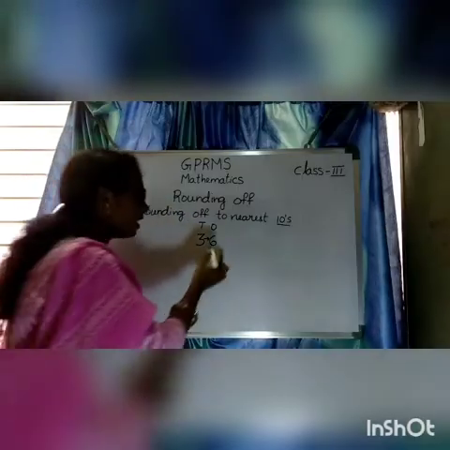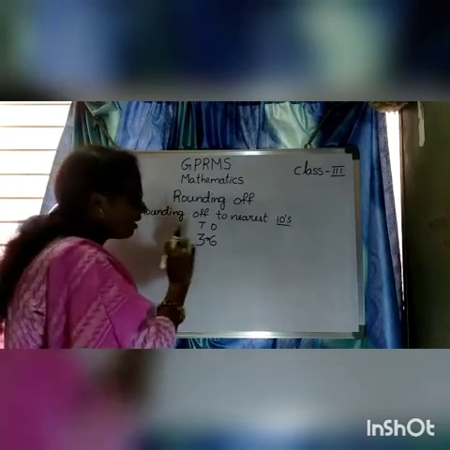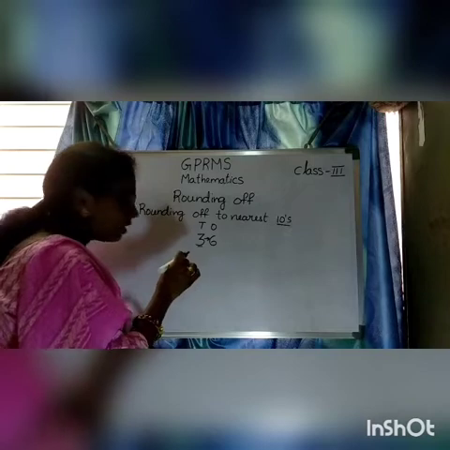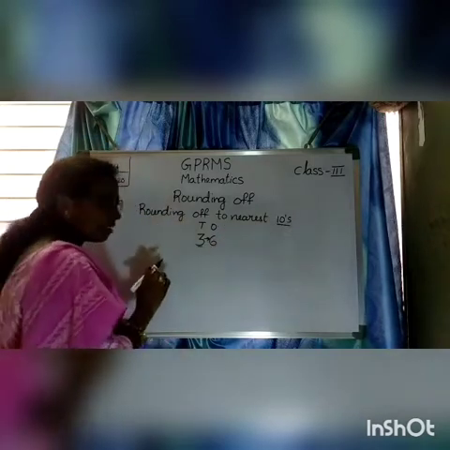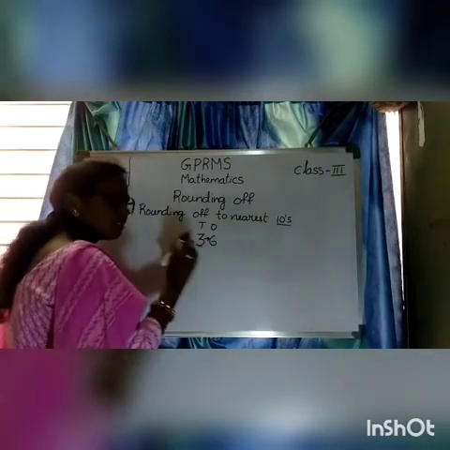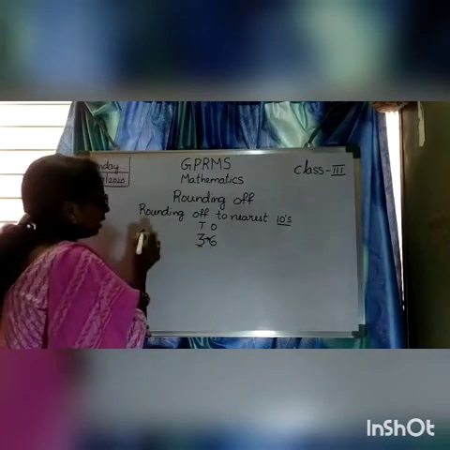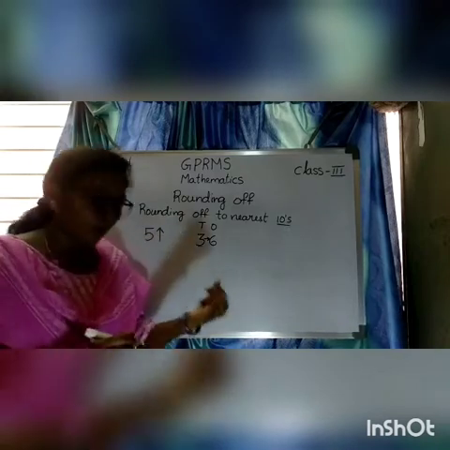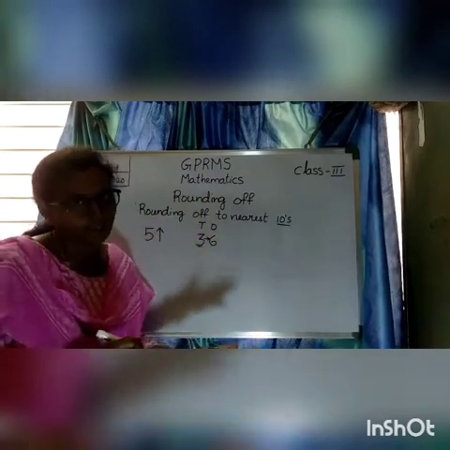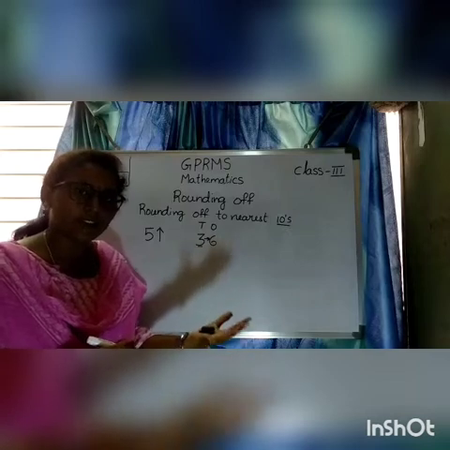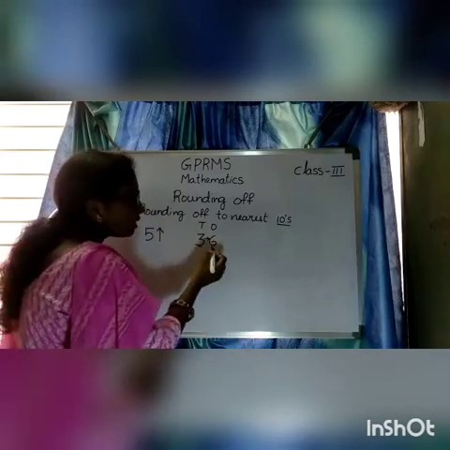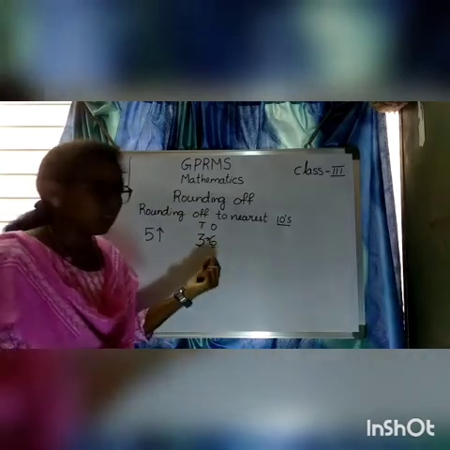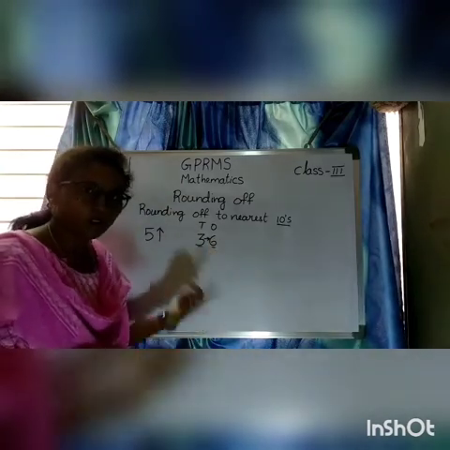Here 3 is in the tens place, and 6 is right to it. Whenever the digit right to the number is 5 or more, that means 5, 6, 7, 8, 9, then it is rounded up. So here 6 is there, which is more than 5.